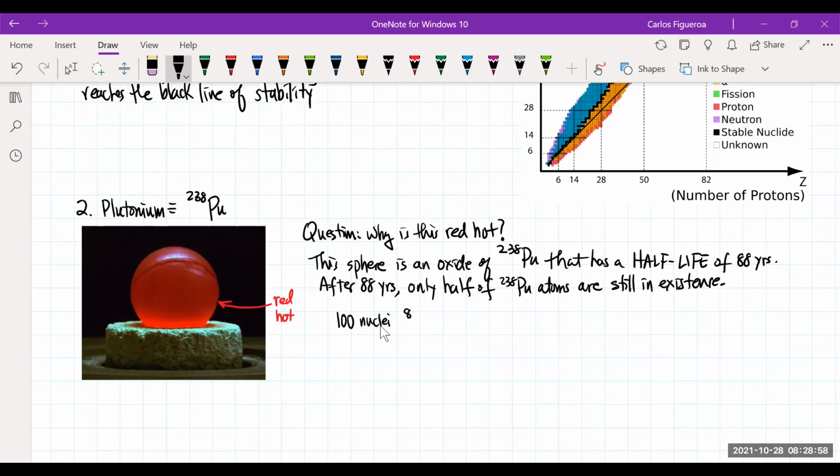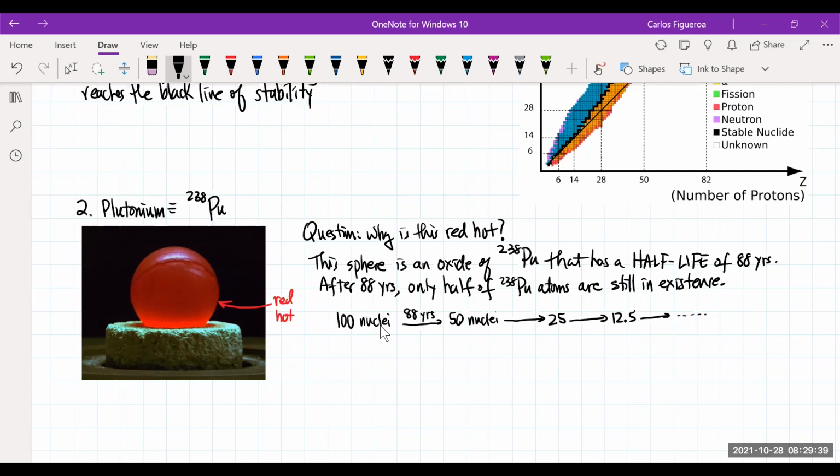So after 88 years, you now have 50 nuclei. And then if I continue the process, then I get to 25. Then I get to 12.5. And you could see that I'm just going to continue this process. And after a while, all the 238 plutonium atoms are gone. So what you find here is that with the half-life of 88 years, it lasts a long time.